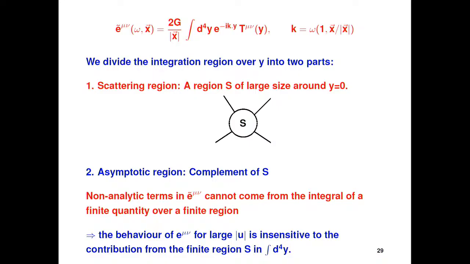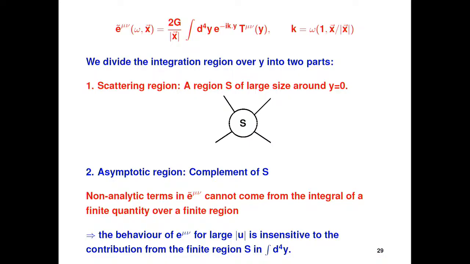This is a region of large size around y equal to 0, that means a region of large size around the space-time point where the scattering is taking place. If the scattering was taking place at t equal to 0, x equal to 0, we take a very large region around x equal to 0, a very large time interval around t equal to 0, and that is what we call the scattering region S. And then the asymptotic region is the complement of S, everything else.